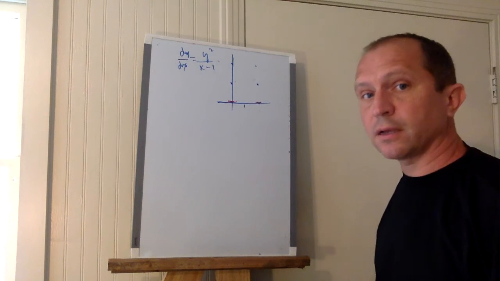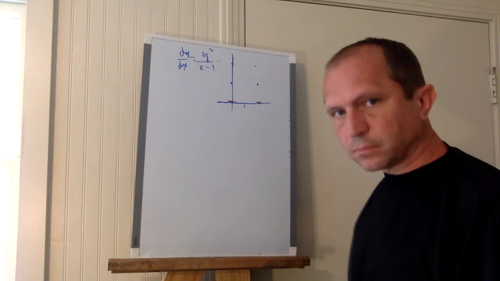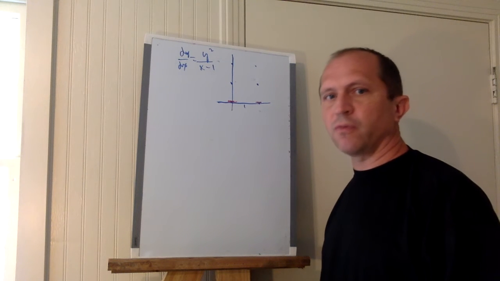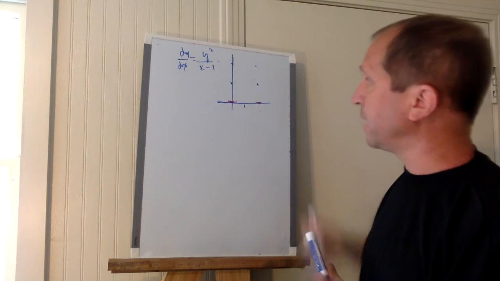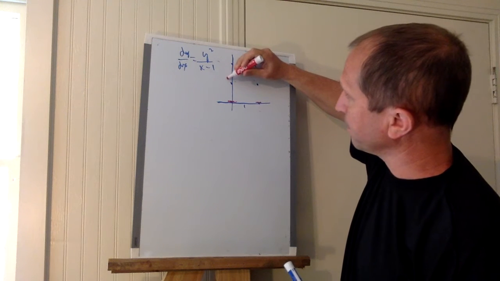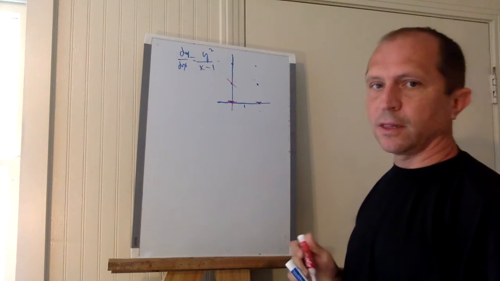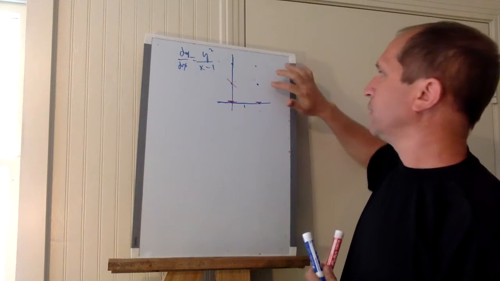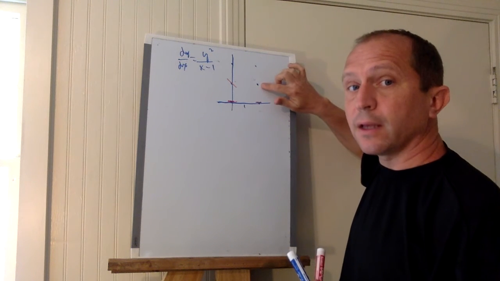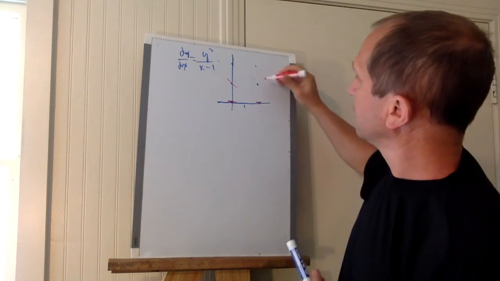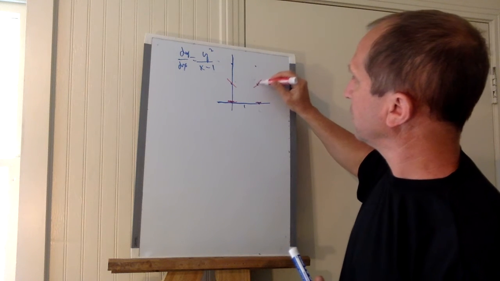When you do that, you've got 1 over negative 1, which is a slope of negative 1. And then over here at 2, you end up with 1 over positive 1. So it's a slope of positive 1.